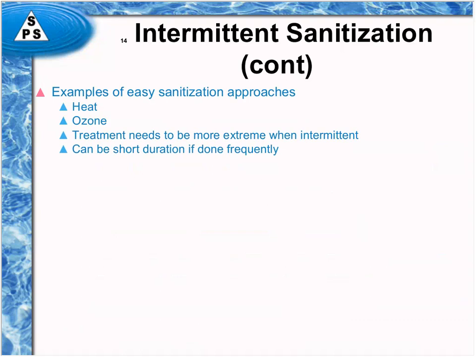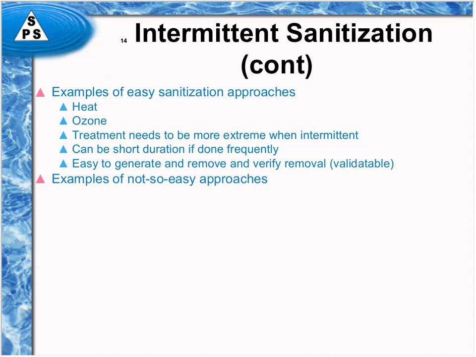If you do it less frequently, the duration of treatment may have to be longer. These happen to be easy to generate and remove. You generate the heat just with a heat exchanger. You take the heat away with a heat exchanger. With ozone, you have an ozone generator that introduces the ozone and usually UV light that takes it away. And so they're very easy to generate and remove and very validatable.